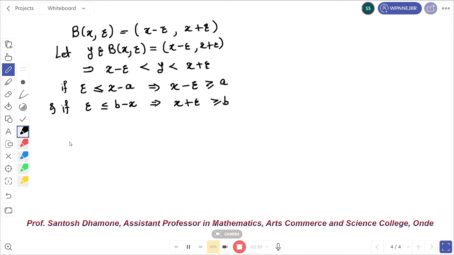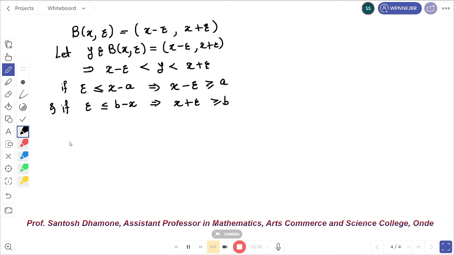Therefore a is less than or equal to x minus r, less than y, less than or equal to x plus r, less than or equal to b. This implies that a is less than y less than b. This implies that y belongs to the open interval (a, b).